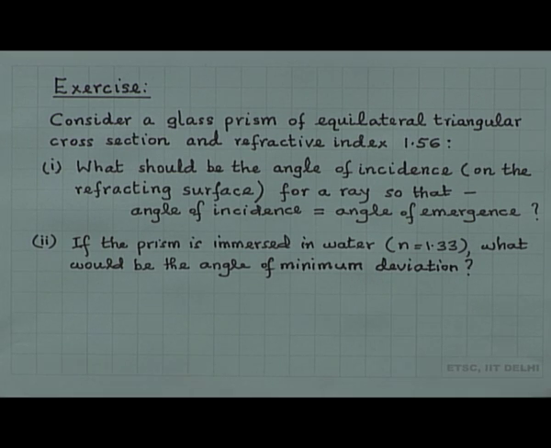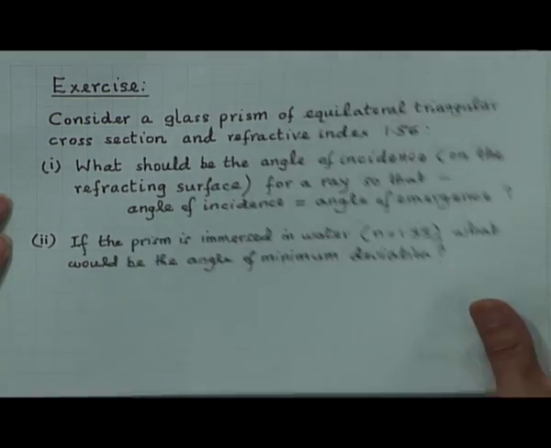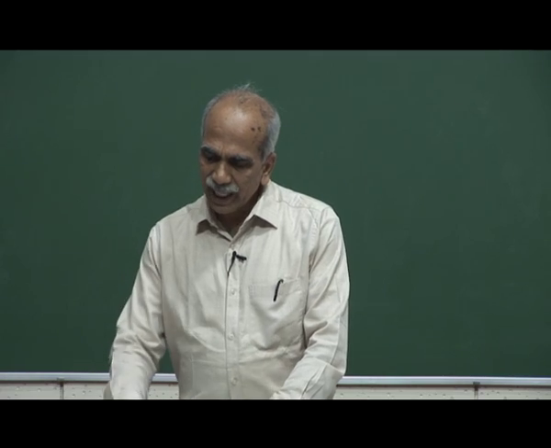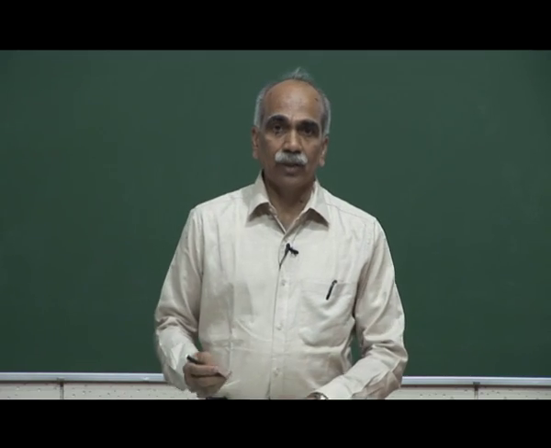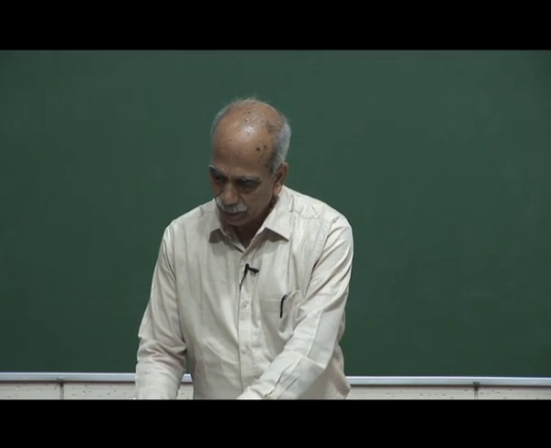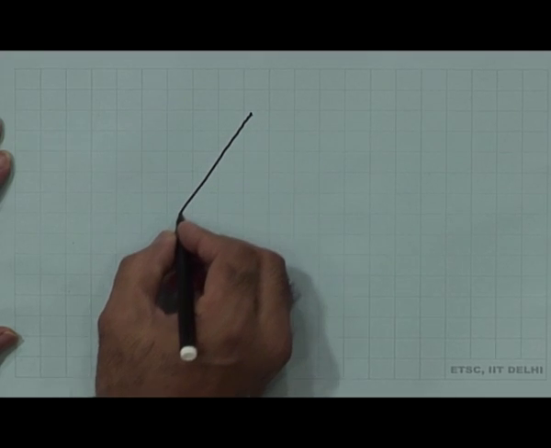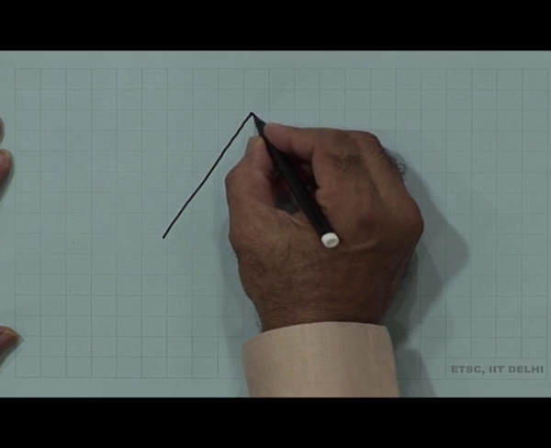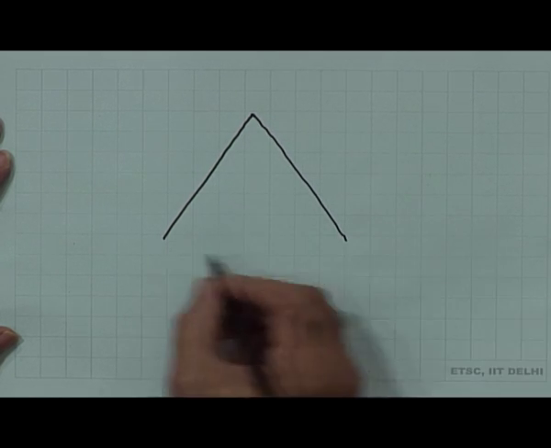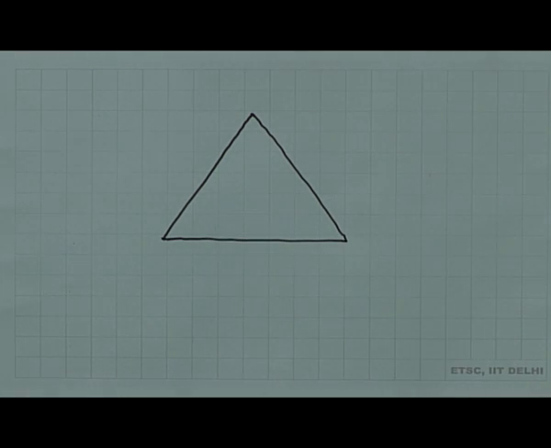So, let us try to understand this problem. Consider a glass prism of equilateral triangular cross section. Let me draw the diagram here. So, we have a glass prism of equilateral triangular cross section. This is actually the top view, as we have seen in the actual prism.